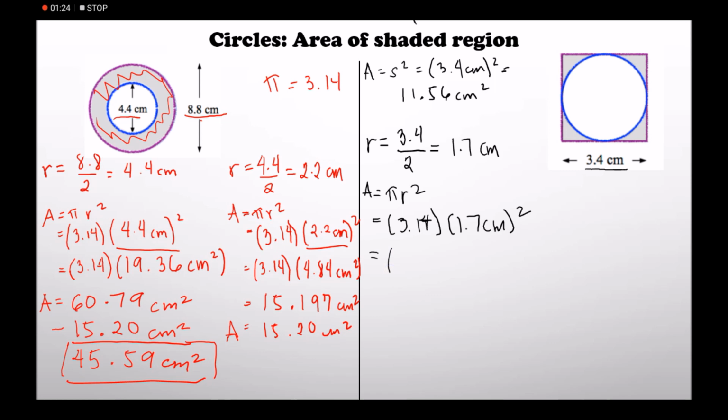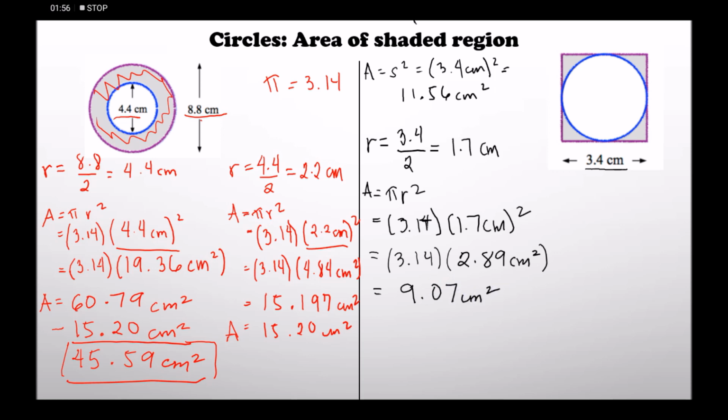Let us simplify first once again the radius. So copy 3.14 and 1.7 cm, bracket square, that is equivalent to 2.89 centimeters square. Then multiply 3.14 times 2.89, that is equivalent to 9.07 centimeters square in 2 decimal places.